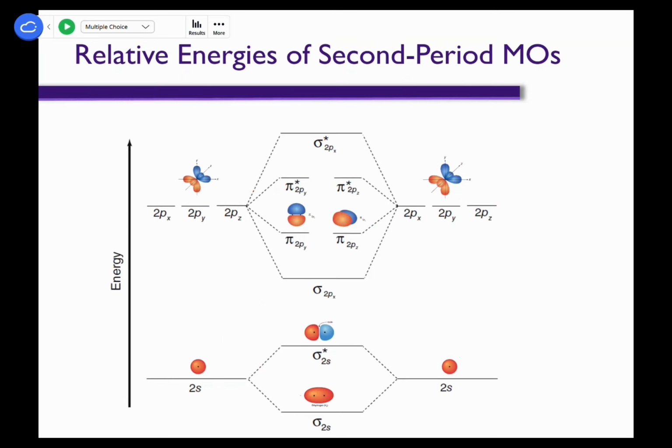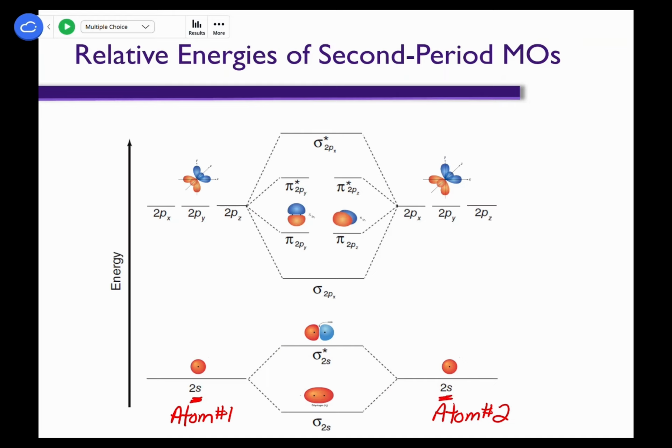So now we get to put it all together. We start at the bottom, atom 1 on the left, atom number 2 on the right. We have our atomic orbitals on the left and the right.